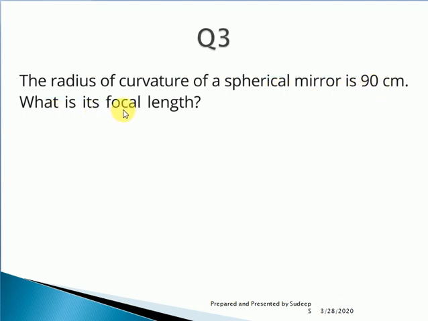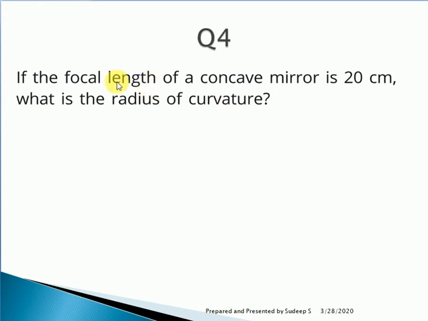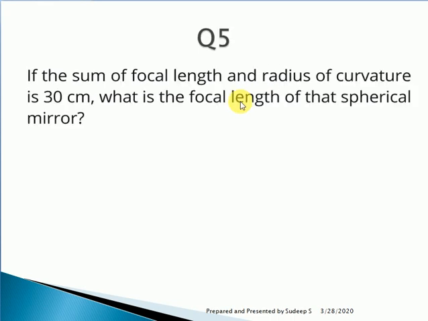What is its focal length? Question number 4. If the focal length of a concave mirror is 20 centimeter, what is the radius of curvature? Question number 5. If the sum of focal length and radius of curvature is 30 centimeter, what is the focal length of that spherical mirror?